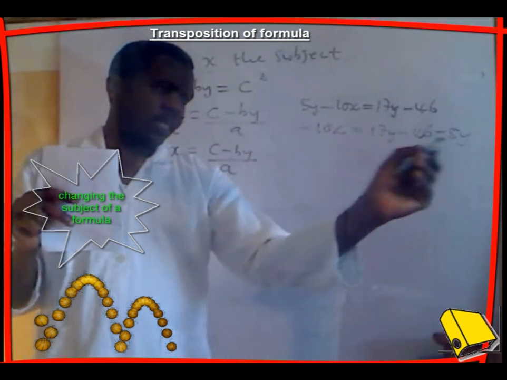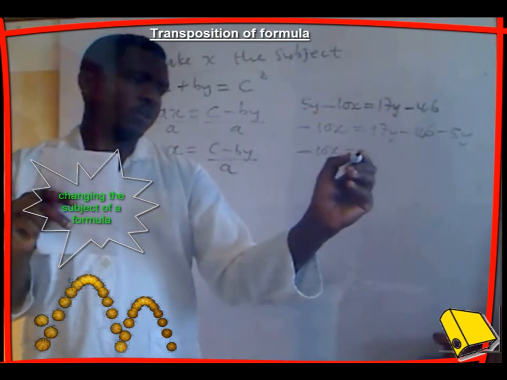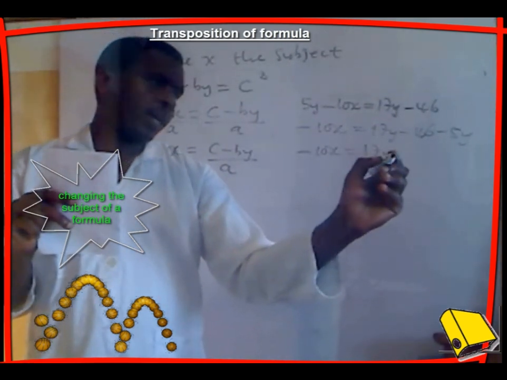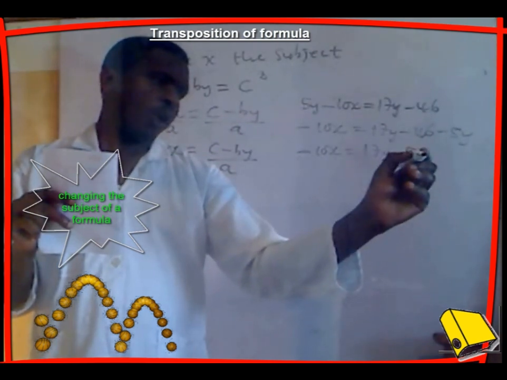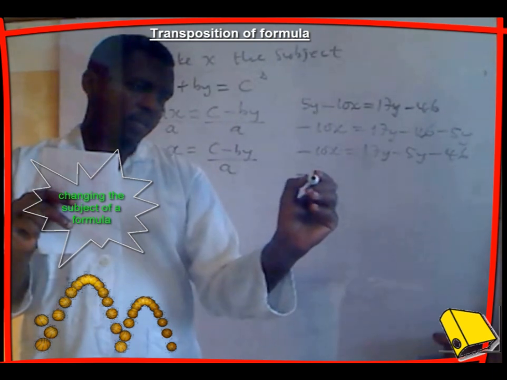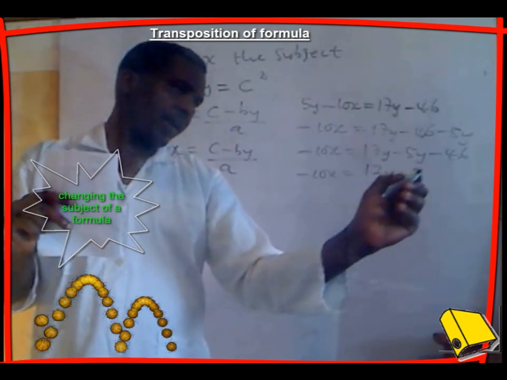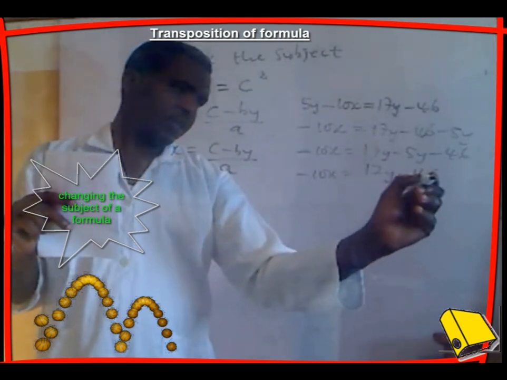I have to bring like terms together here. This gives me minus 10x is equal to 17y minus 5y minus 46. Minus 10x is equal to 12y minus 46.